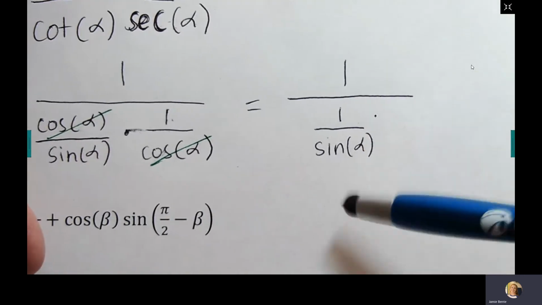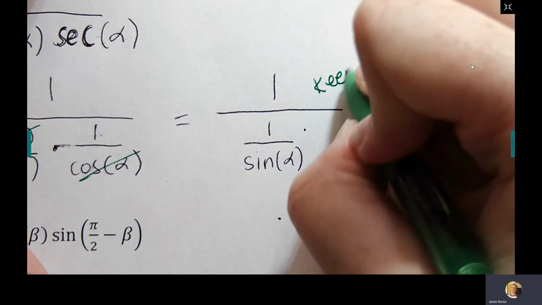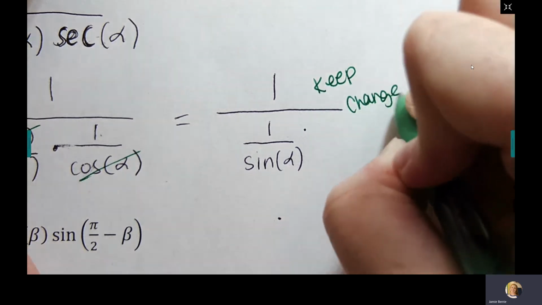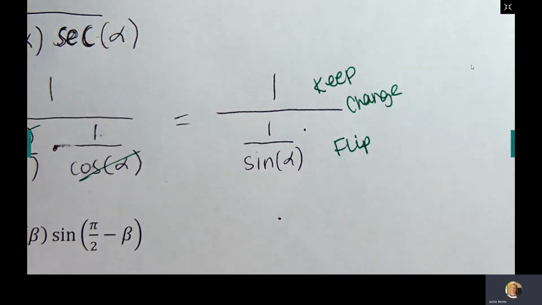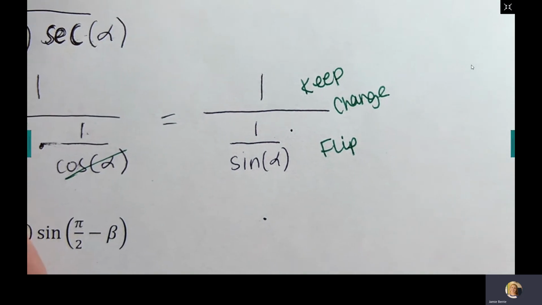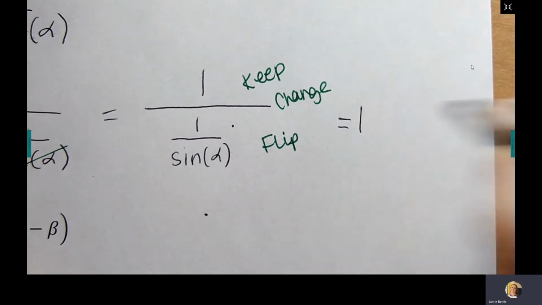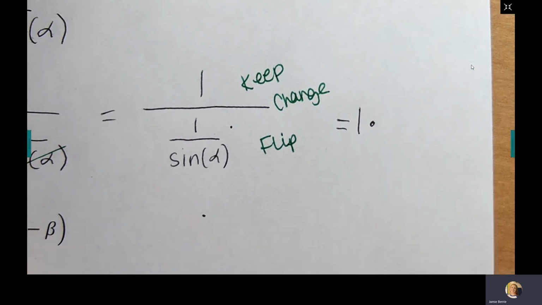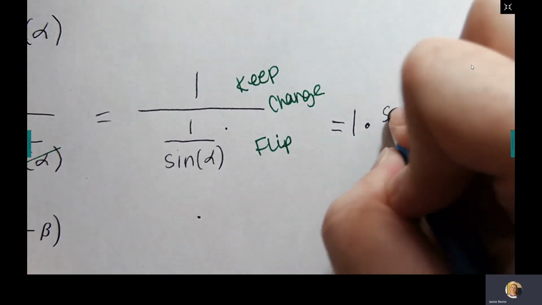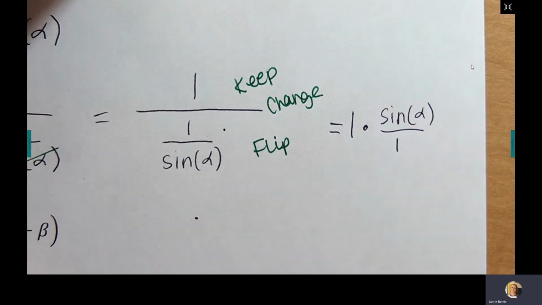Now we have to keep, change, flip, or multiply by the reciprocal, same thing. I'll go back and write which identities I used at the end. So keep the top the same, change the operation to multiplication, flip that bottom fraction, so that's sine alpha over 1. So 1 times sine of alpha is just sine of alpha.